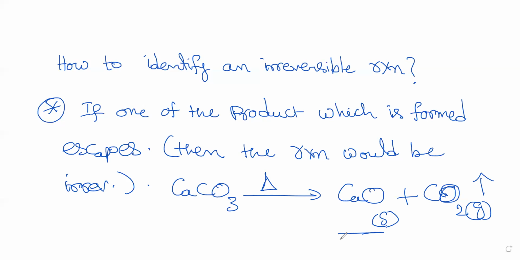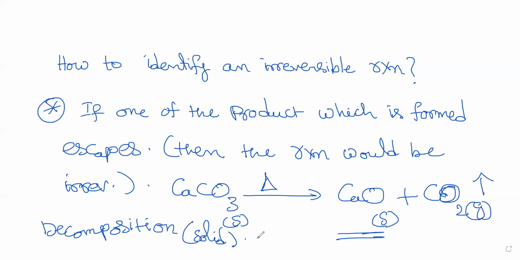It's a case of decomposition reactions. Decomposition of a solid: the calcium carbonate decomposes to form calcium oxide and carbon dioxide, and carbon dioxide is a gas which is escaping out.